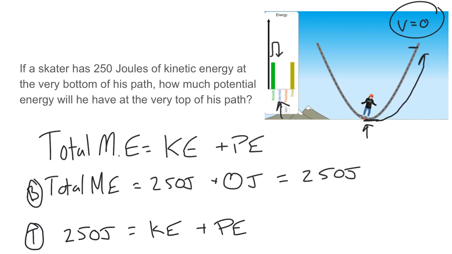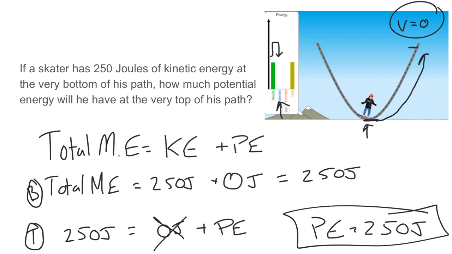And because his velocity is 0, he's not moving. When he's not moving, he doesn't have any kinetic energy. And so that means his kinetic energy is 0 joules. So this we can pretty much ignore here. And we know that his potential energy at the top is going to equal the same as his kinetic energy at the bottom. And so he's going to have 250 joules of potential energy at the top of his path.